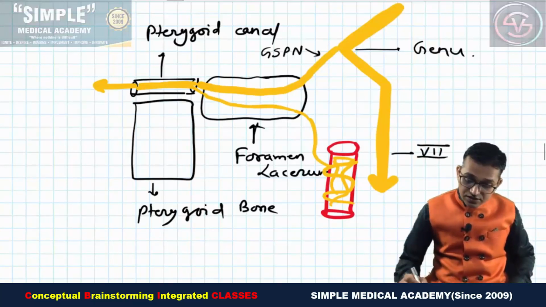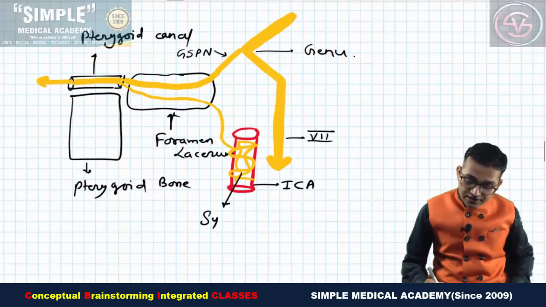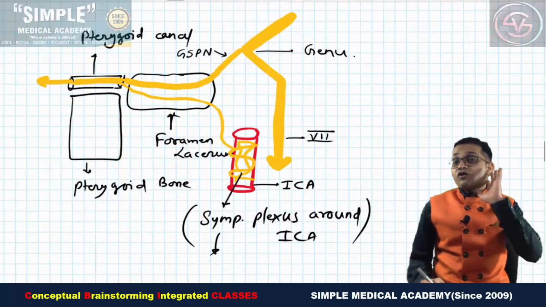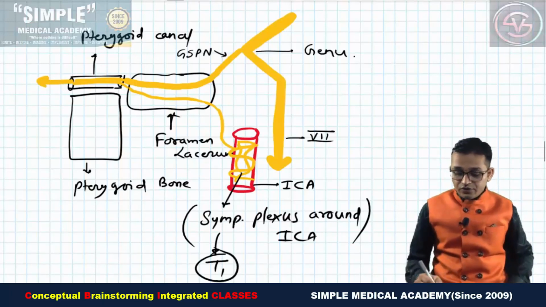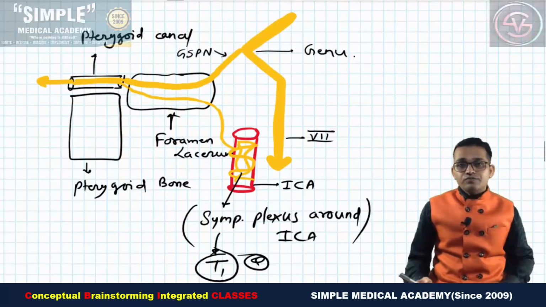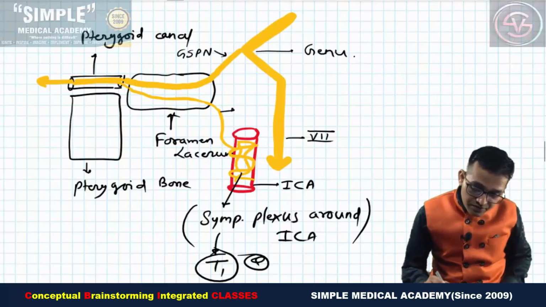Okay, so this is the internal carotid artery. This nerve bunch around it is known as the sympathetic plexus around the internal carotid artery, and as we know, the sympathetic plexus for the head, neck and face going through arteries always has the T1 root value. This is the MCQ which we will correlate in the upper limb part. A lesion to T1 results in Horner syndrome. We will see detail later, but this nerve coming from here is the deep petrosal nerve.